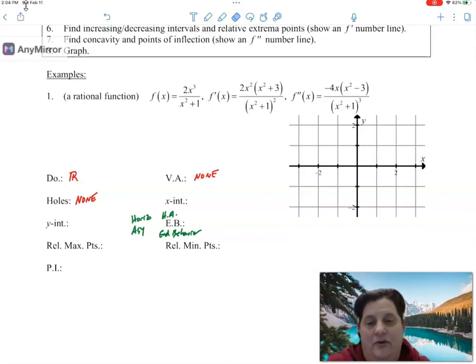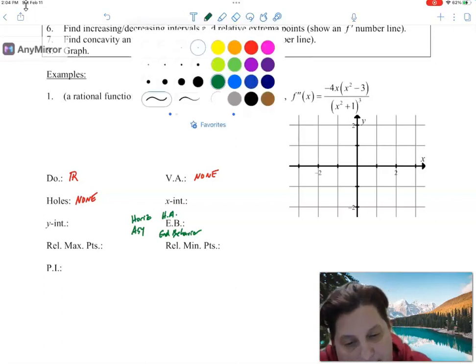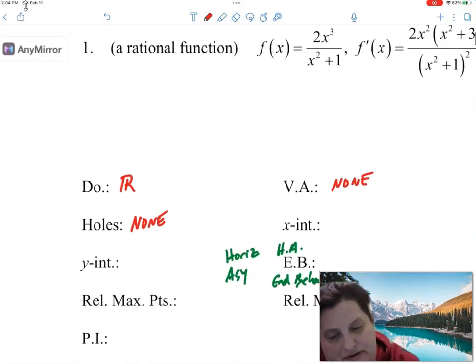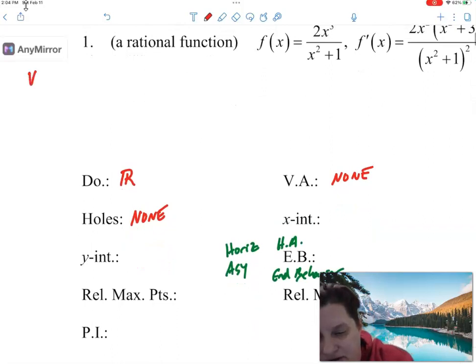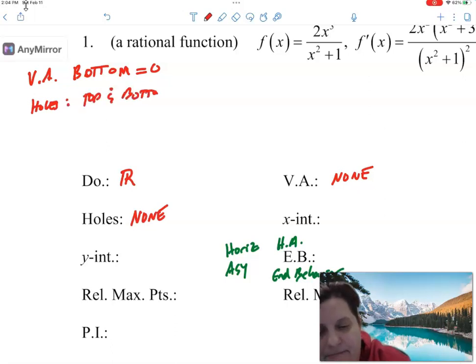If you guys remember, for vertical asymptotes, we let the bottom equal 0 and solve it, because we know the bottom can't be 0, right? Holes are the places where top and bottom equal 0.